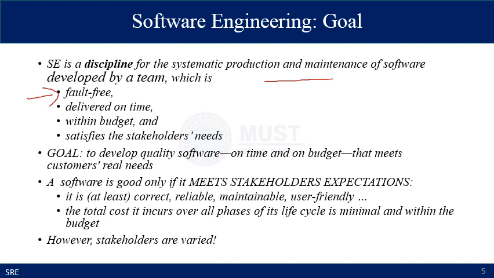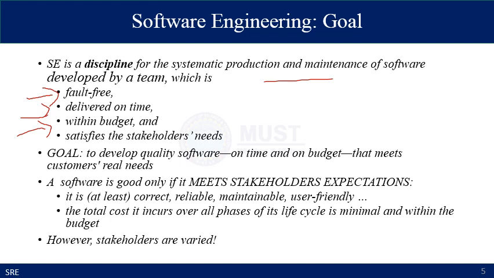And secondly, it should be cost effective, and cost can be measured in two parameters such as time and money or budget. So your product, if managed through an engineering process, should be delivered on time, and it should be constrained within the required budget.